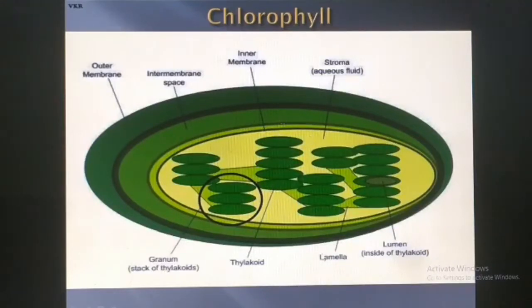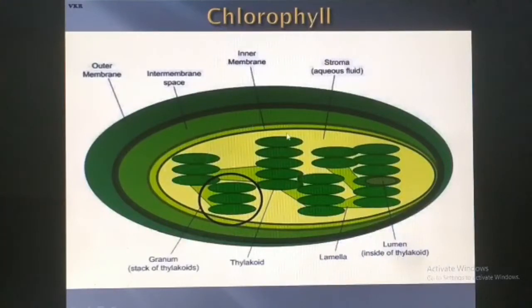Not only this, each and every piled up structure is connected with certain things. That connection of membrane is called lamella, right? And if you see this entire circular structure like a pipe, vertically, then the entire hollow area inside the thylakoid is called lumen.